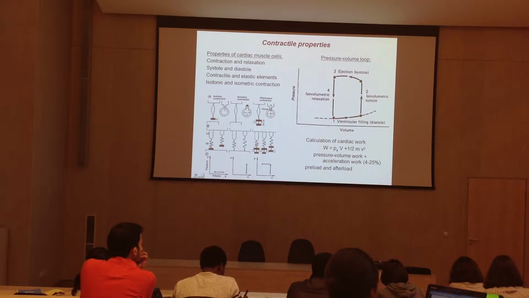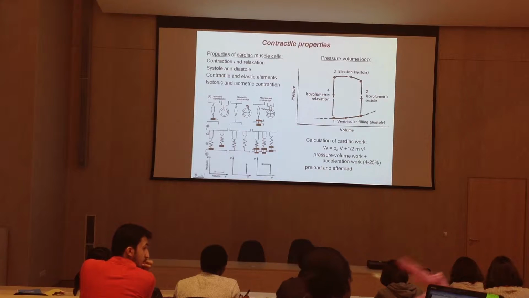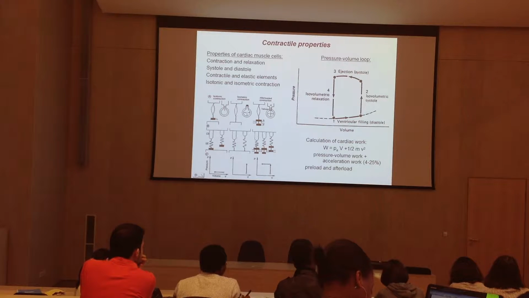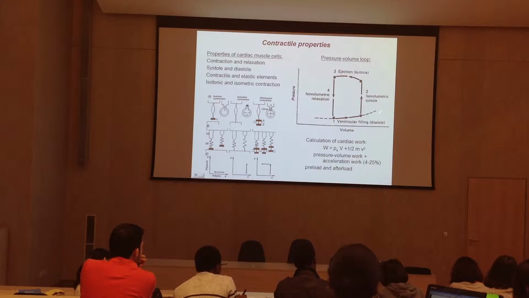As soon as this pressure will be higher than the pressure in the aorta, in this case, the aortic valve will open, and the blood will be ejected towards the periphery into the aorta.